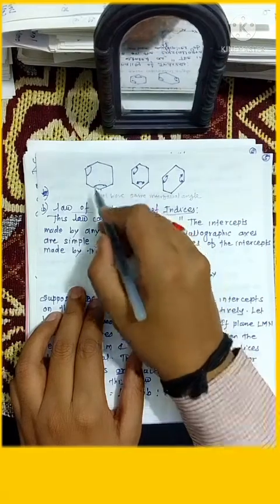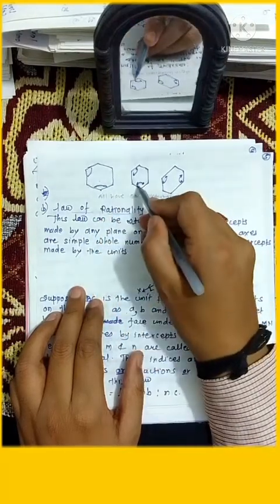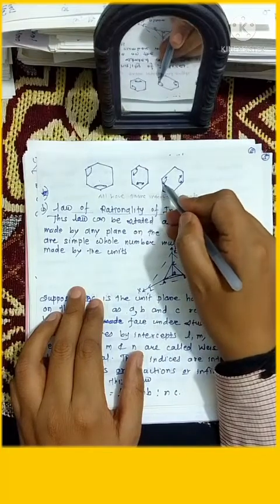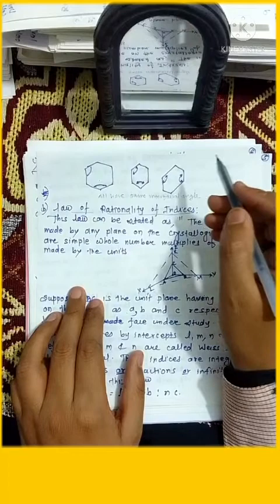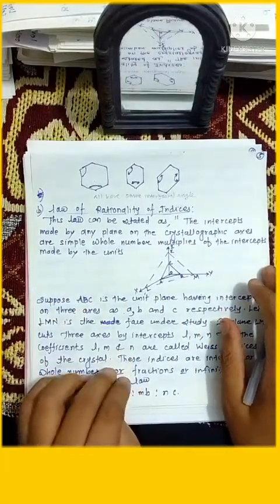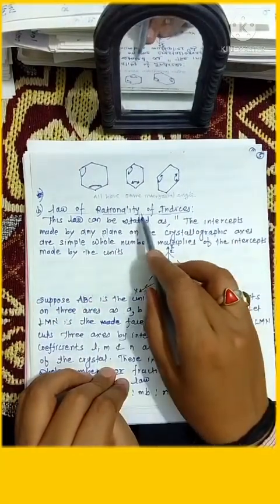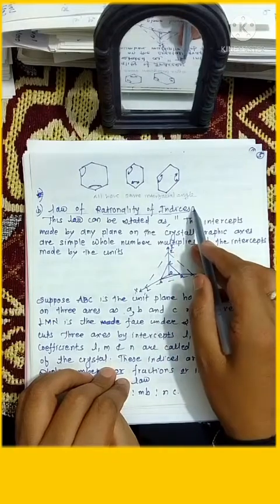So basically this angle and this angle value are always equal. Now we are going to see the law of rationality of indices.